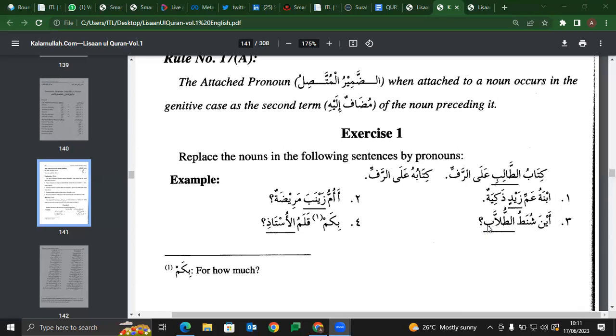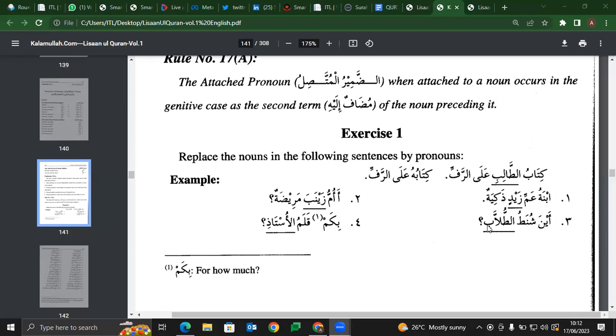Zaid is the... no, son of... Keep the concept of mudaf ilayhi in your mind so that you know who is possessing whom. Ammi, what is Ammi?